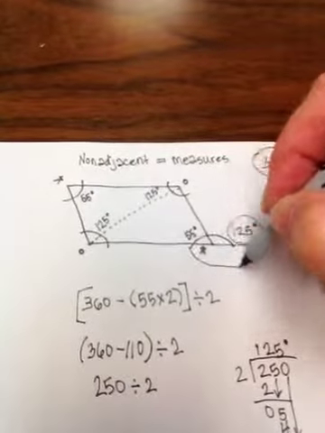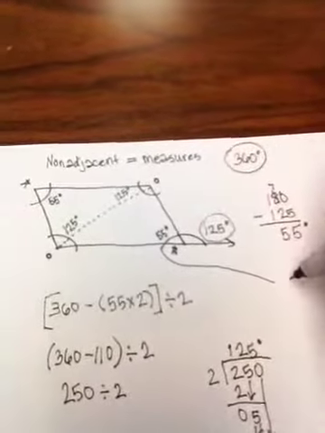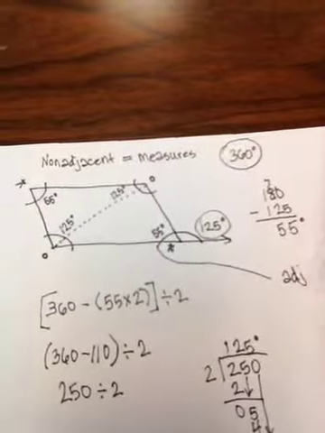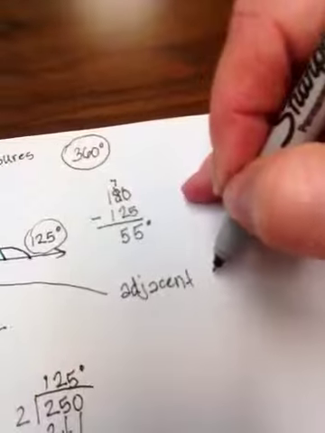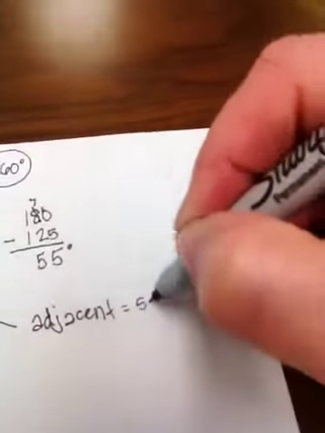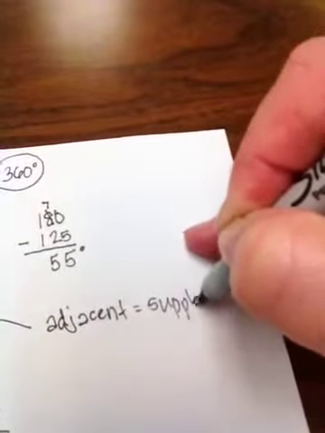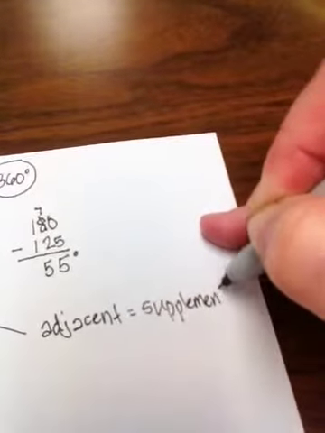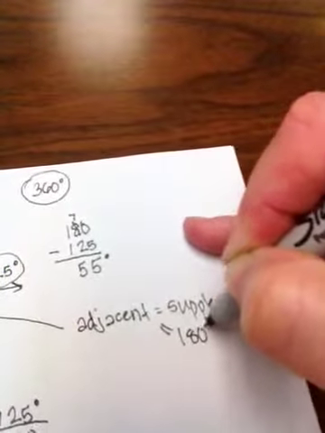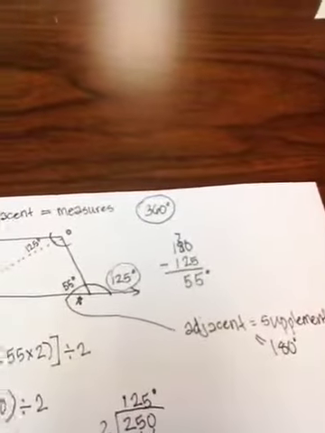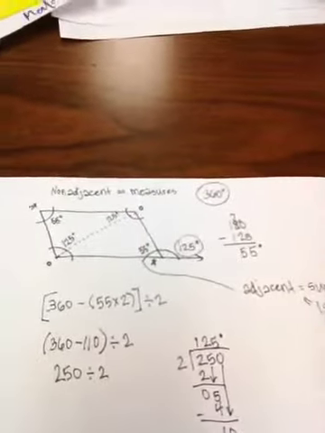If they are adjacent, then it's called supplemental, right? Supplemental, hard to write with one hand here, which means it has to equal 180 degrees. All right? Easy peasy. So far, so good.